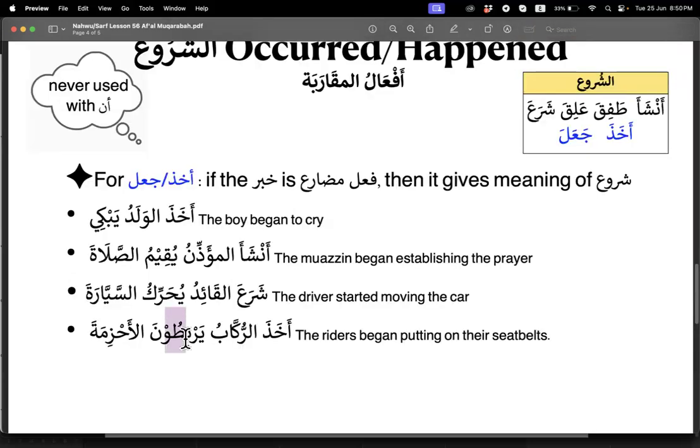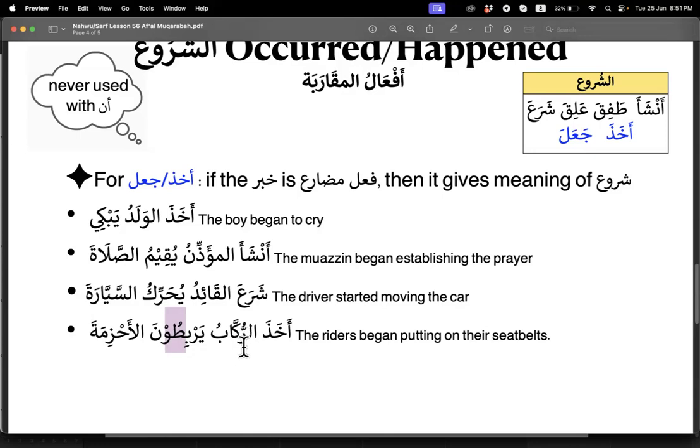Any questions? Sister, this rukabu is rukab. I think rukabu is not broken plural. It is broken plural. But it is akil. So akil doesn't mean that you cannot have broken plural. So the mudhari is raqib, and it can have the normal raqibuna, but this is like kuffar, like kafir, kafiruna, and then kuffar, right?